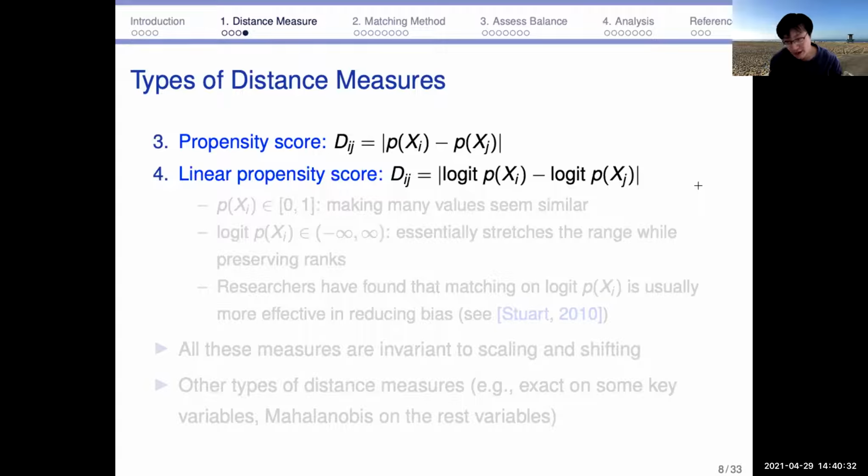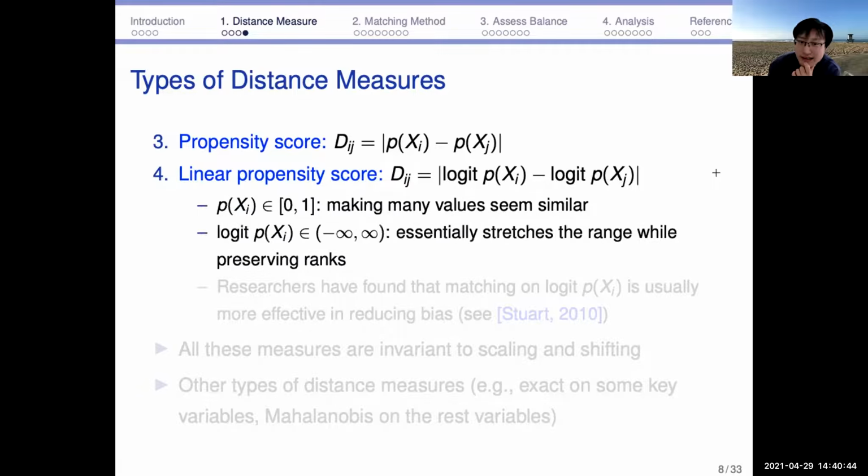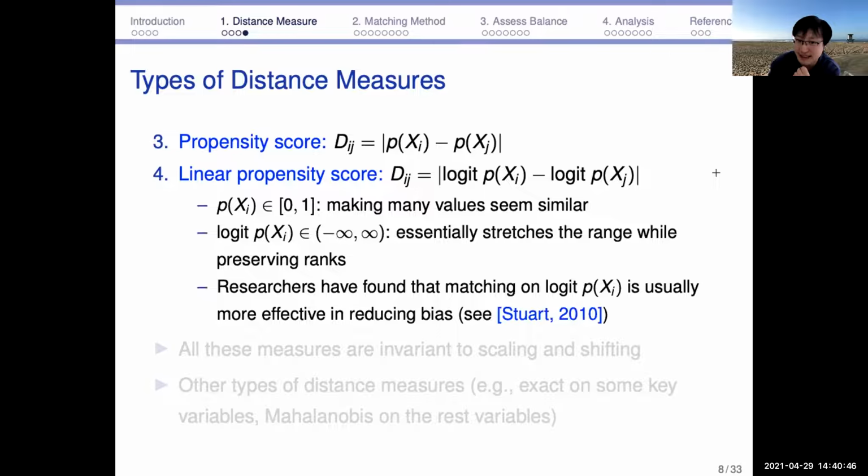Another related one is the so-called linear propensity score. Instead of taking the difference in propensity score, they take the difference in the logit of the propensity score. The reason for doing that is that the propensity score lies between 0 and 1, so it makes many different values seem similar.